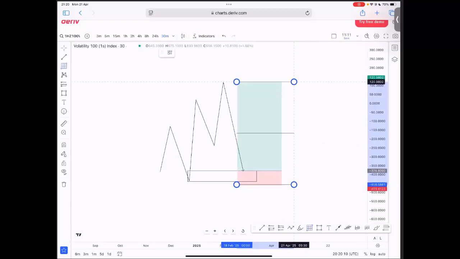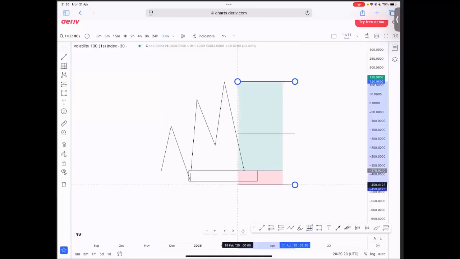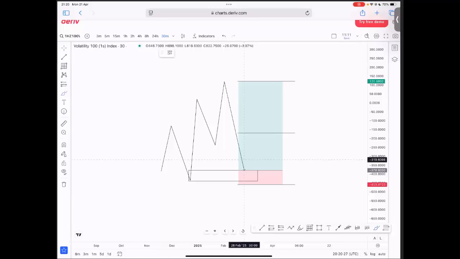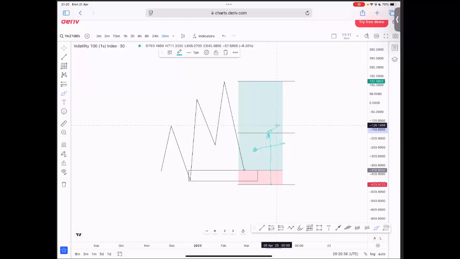Every stacking at this level will be done in the first 50%, from this 0.5 to this point. Once price breaks above this level, you're no longer stacking.